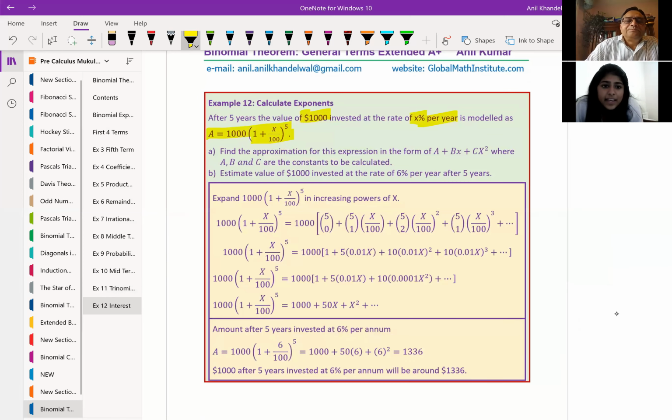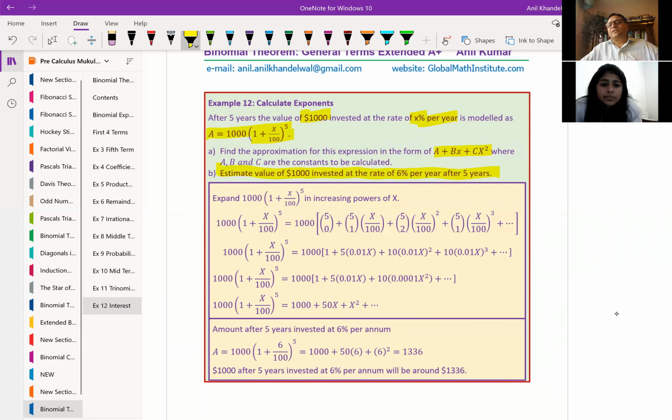A: Find the approximation for this expression in the form of A plus BX plus CX squared, where A, B, and C are the constants to be calculated. And B: estimate the value of $1,000 invested at the rate of 6% per year after 5 years.